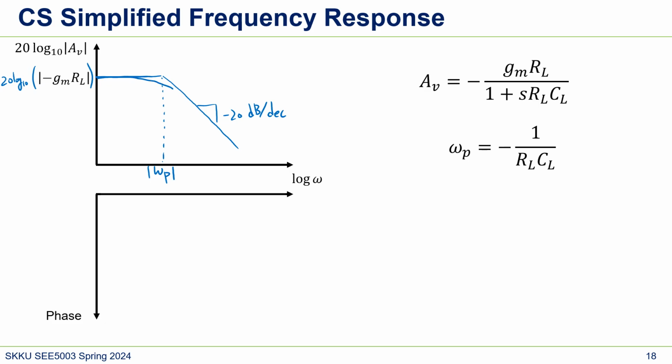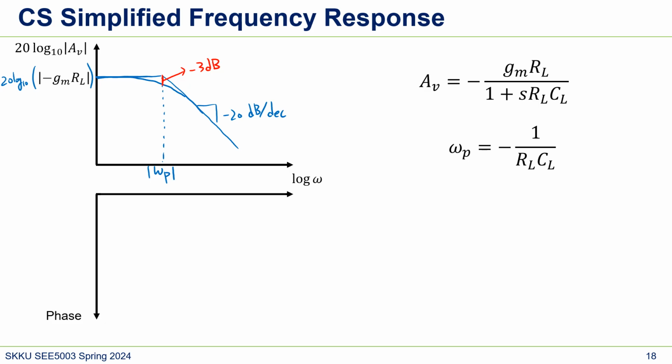At WP, this is minus 3 dB. Maybe you may wonder why after the pole this is minus 20 dB per decade.